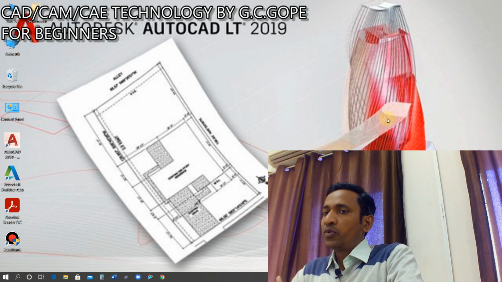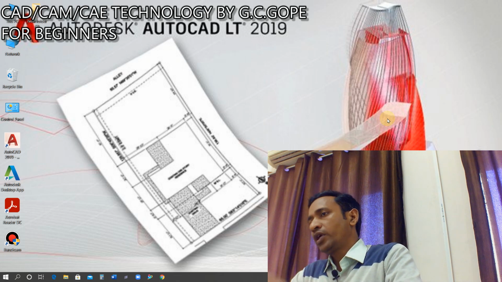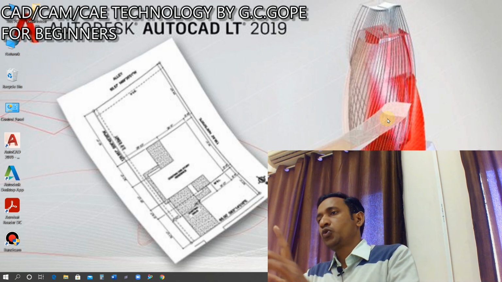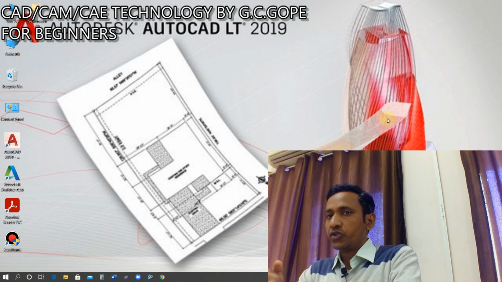So there they have to know this. As a mechanical student they have to know the coordinate system for machining as well as in AutoCAD software. So you will get two benefits with this tutorial.